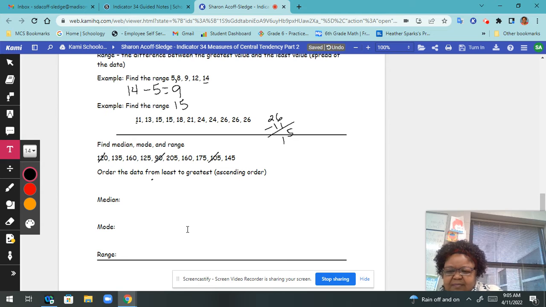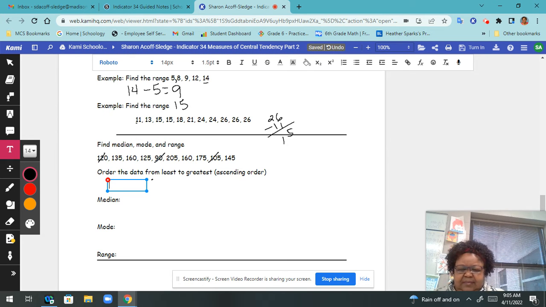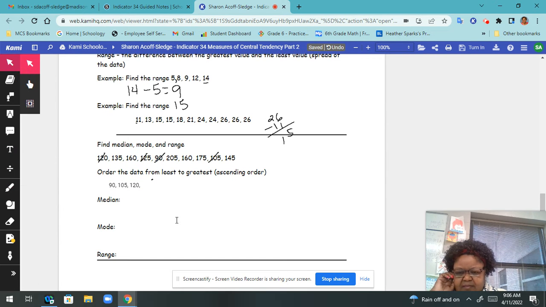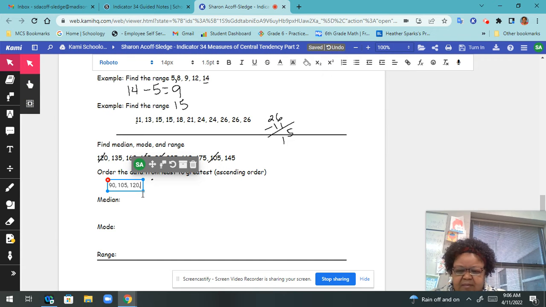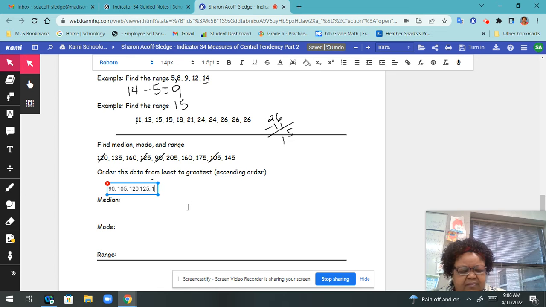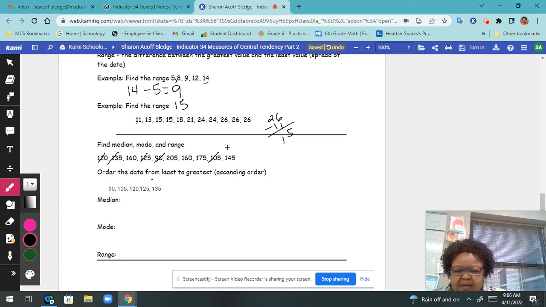Let me type these. So I got a 90, 105, 120, and what else? I see a 125. Okay. And then I see a 135. And then I see a 145.